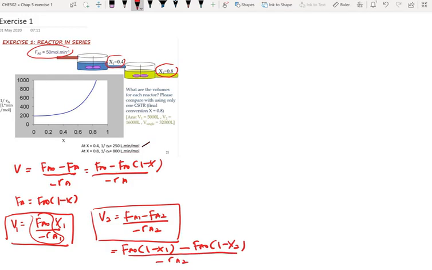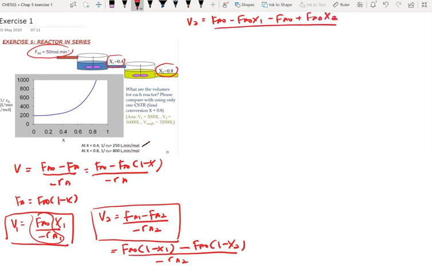If you expand this formula, FA naught x1 minus FA naught plus FA naught x2, divided by negative RA2.